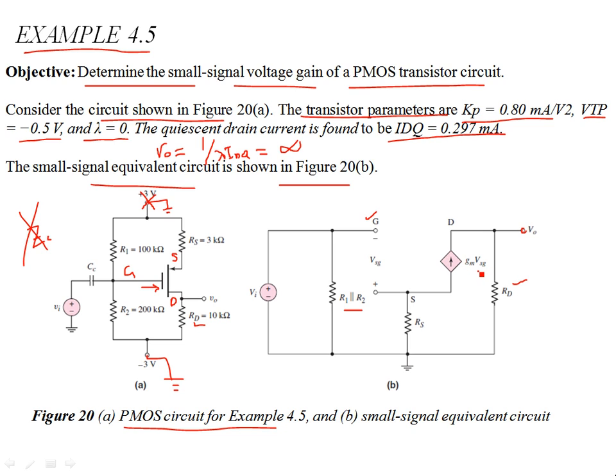So the input is again VSG, the source being at higher potential than the gate, and GM is the transconductance gain. If you recall, GM for a PMOS device is given as twice the square root of Kp multiplied by IDQ, right?